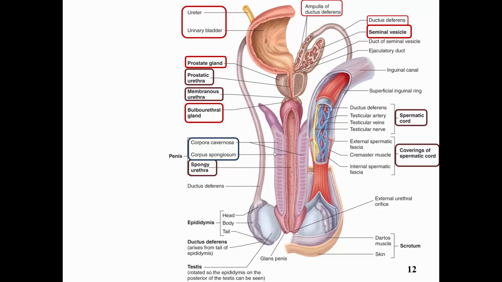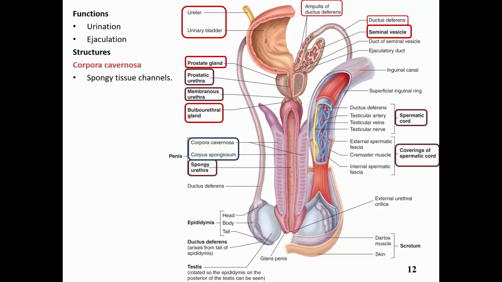External to that, the thicker layer is called the corpora cavernosa, named accordingly for these series of caverns, as you can see here. Once again, the function of the urethra here in the male is to deliver urine or semen.